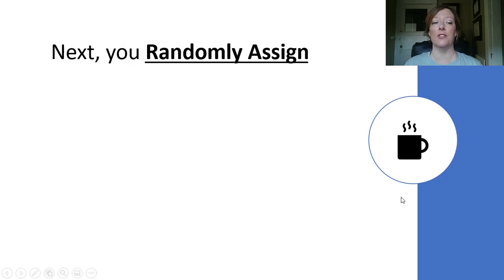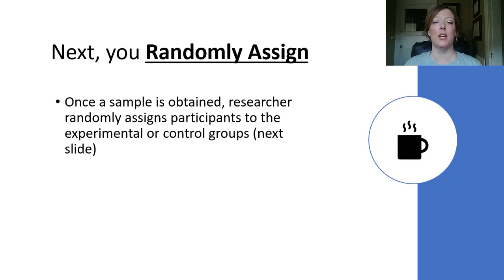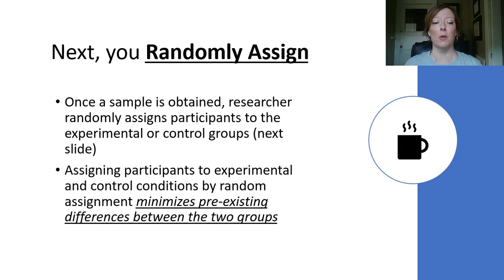Next, you randomly assign. Once a sample is obtained, the researcher randomly assigns participants to the experimental or control groups. Okay, so you've got your participants in your experiment. What it means to randomly assign is you basically put people in either group, the experimental group and the control group. Assigning participants to an experimental and control condition by random assignment minimizes pre-existing differences between the two groups.